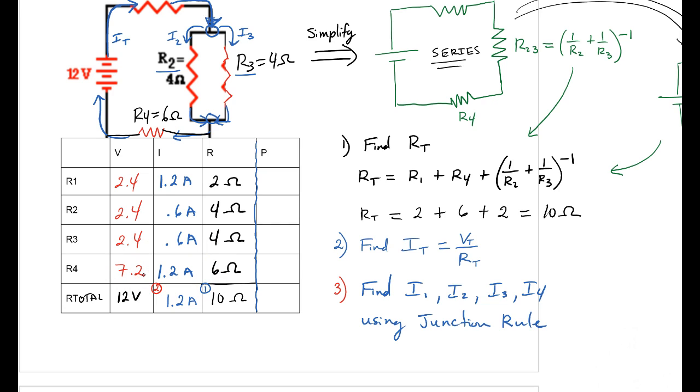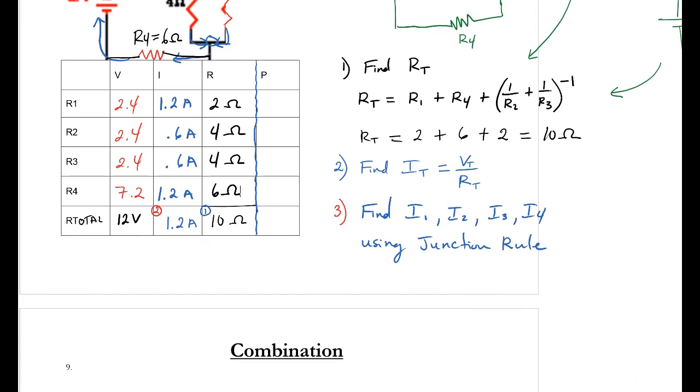And then power is just V times I. So step 4, find V1, V2, V3, and V4 using V is equal to IR.